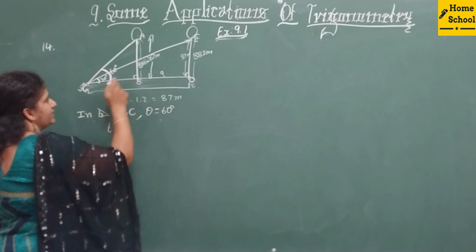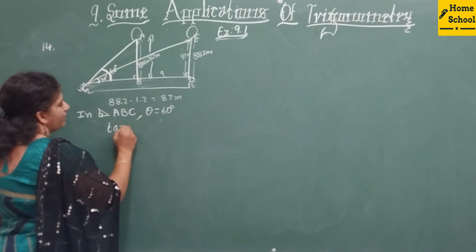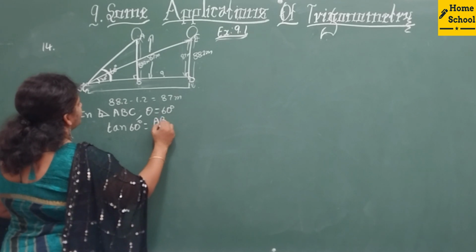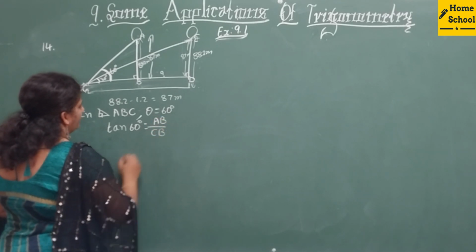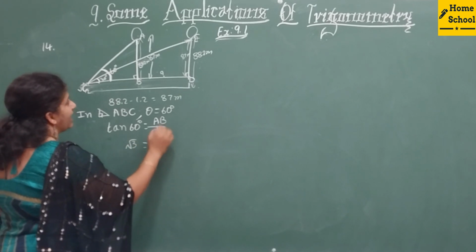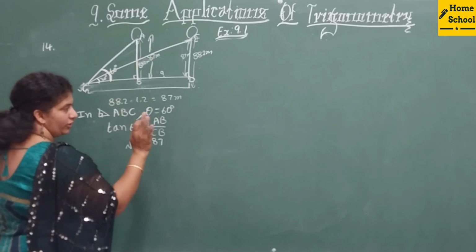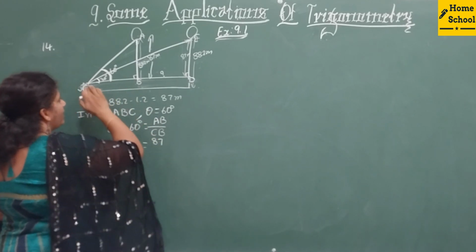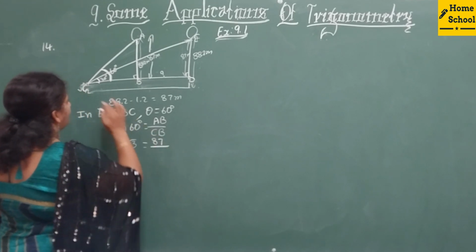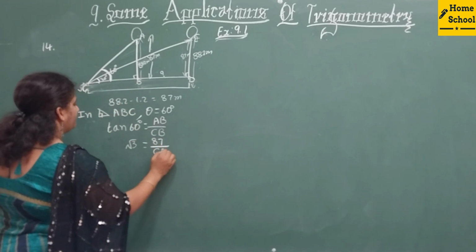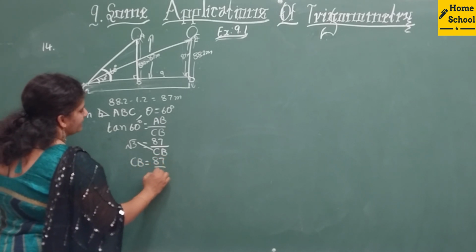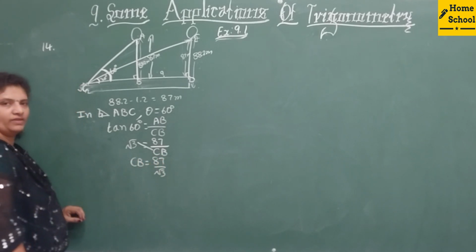Now, opposite by adjacent, tan 60 degree is equal to opposite AB by CB. Tan 60 value is root 3. AB value is 87, not 88.2. It is 87, from the girl's eye, you need to observe this. So root 3 equals 87 by CB. CB is equal to 87 by root 3.